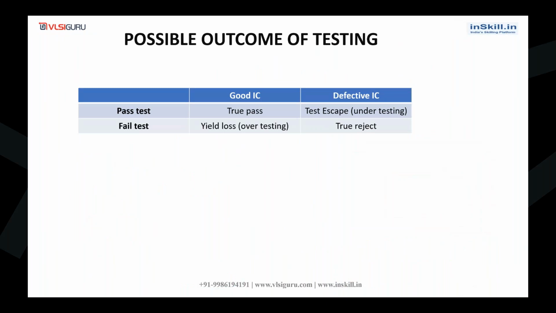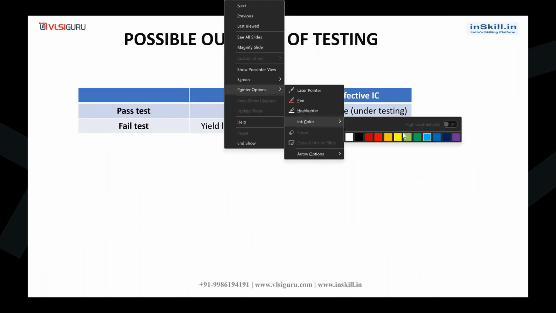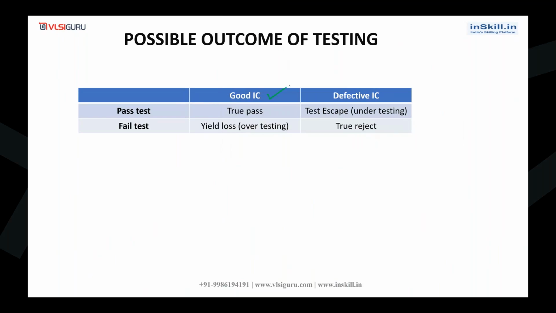So what are the possible outcomes of testing? There are four possible outcomes. One is a good IC that passes the test, which is called a true pass.